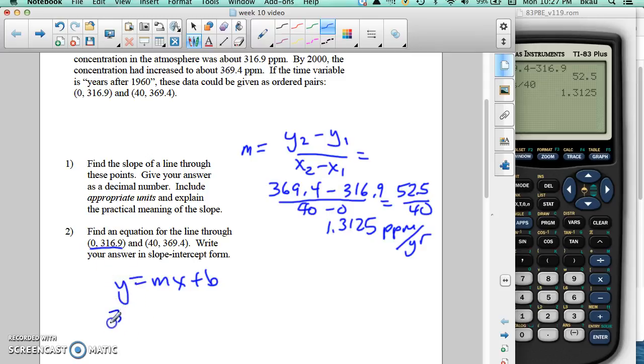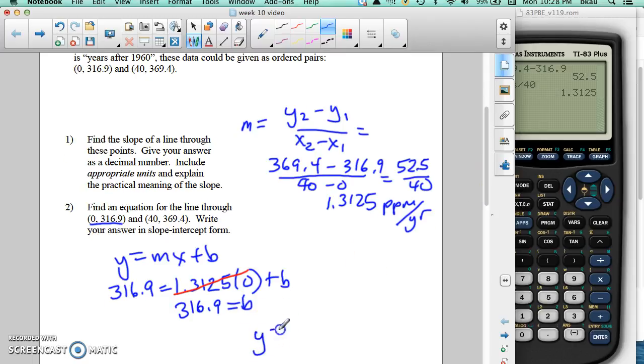If it was 316.9, our slope would be 1.3125. X would be 0 plus b, so this term would drop out because we had 0 there, and that means that b would be 316.9. So 316.9 is b.